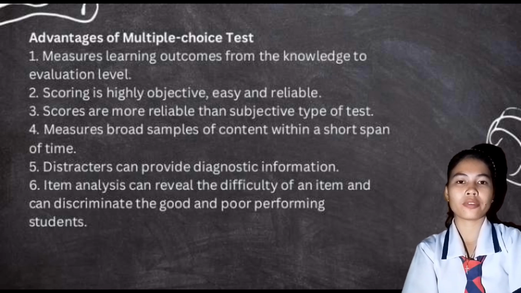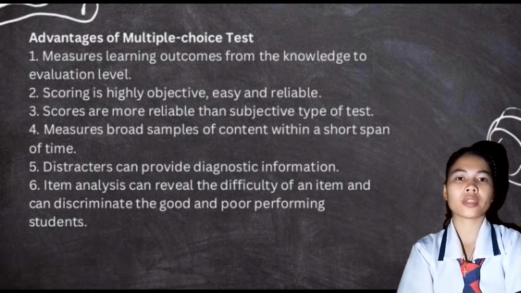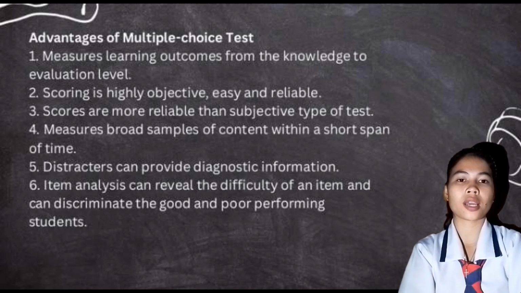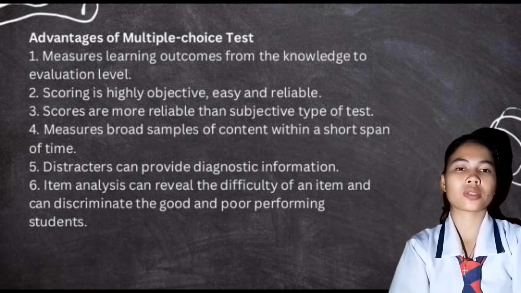And number 4, measures broad samples of content within a short span of time. And number 5, distractors can provide diagnostic information. And number 6, item analysis can reveal the difficulty of an item and discriminate good and poor performing students.